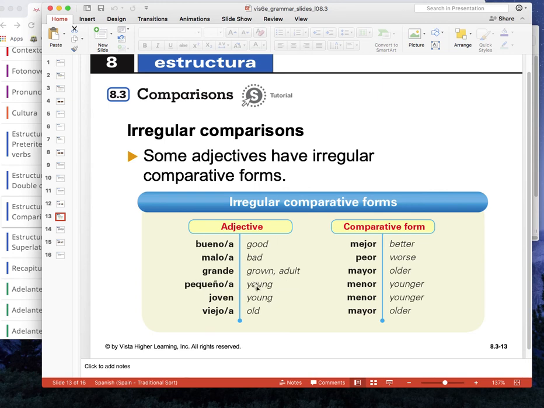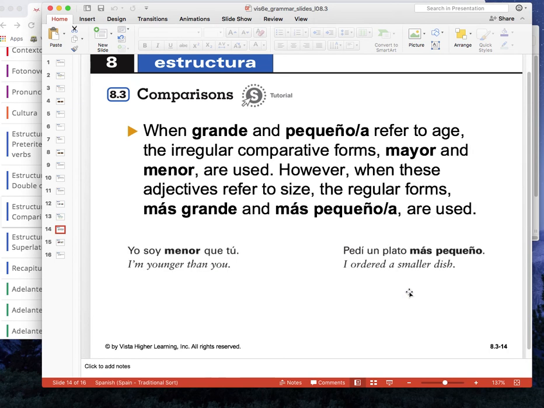Pequeño can be young, but the comparative form is menor, okay? Joven, for young, younger, we say menor. So these two are the same. So menor and menor here. Viejo and mayor, right? Just like older, okay? So keep that in mind.